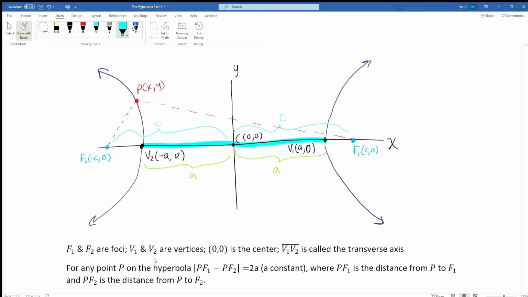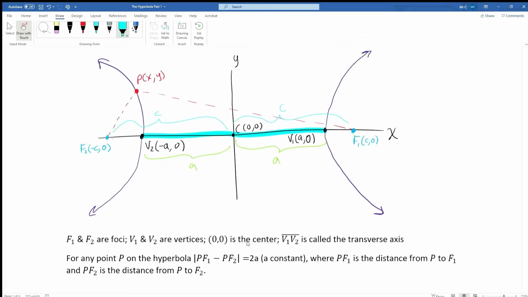And to restate the definition a little bit in mathematical notation, for any point P on the hyperbola, the absolute value of the distance from P to F1 minus the distance from P to F2 is equal to 2A, a constant.